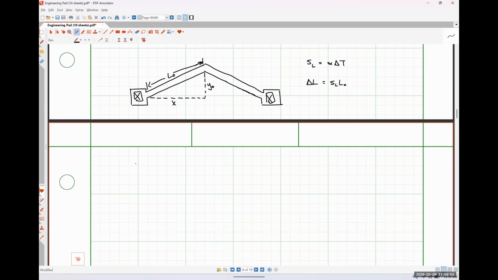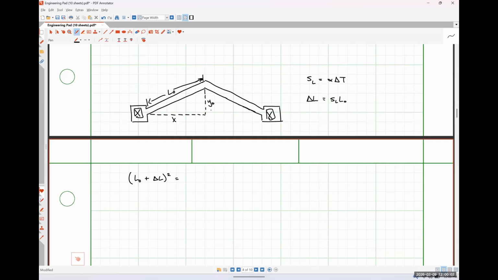So I can say that my hypotenuse, (L naught plus delta L) squared, is going to be equal to the base of my triangle squared plus the height of my triangle squared. The base is just x squared, and the height is now (y naught plus delta y) squared.